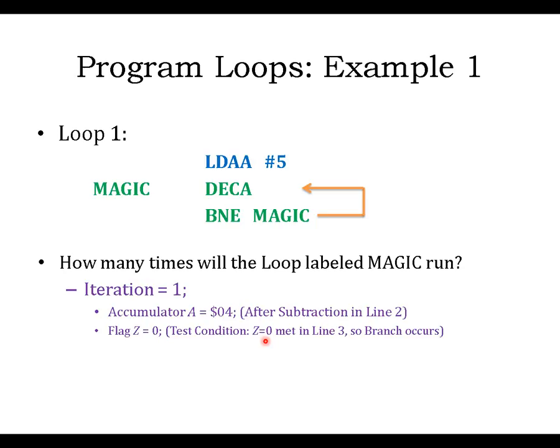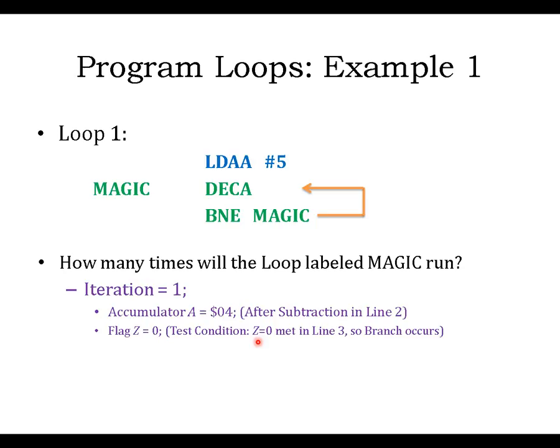See, when you are in line 3, you will be checking all the flags based on what happened in line 2, right? Because that was the last line where the flags were changed. So in line 2 you had a subtraction, and because of that subtraction you got a difference, which is 0,4.